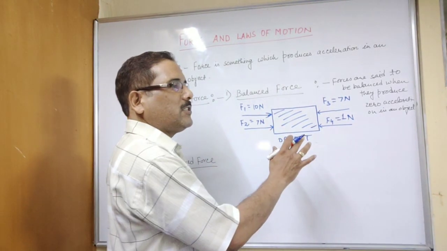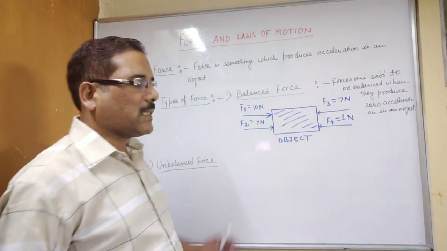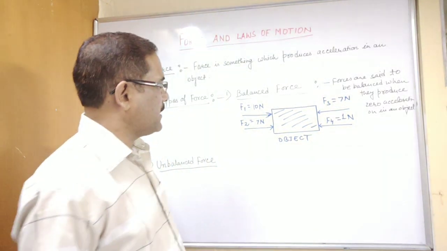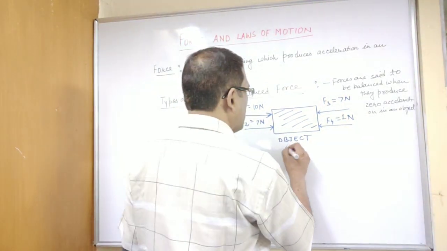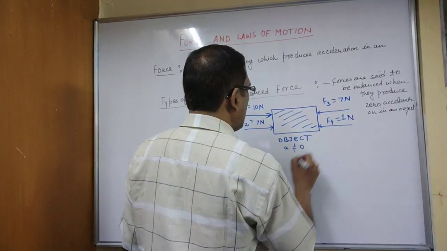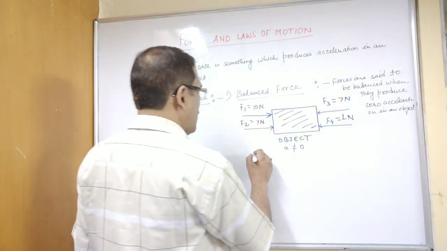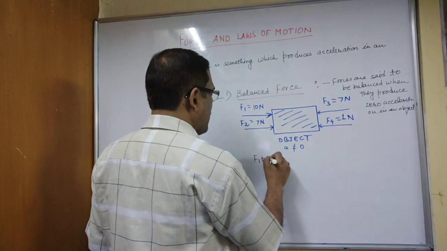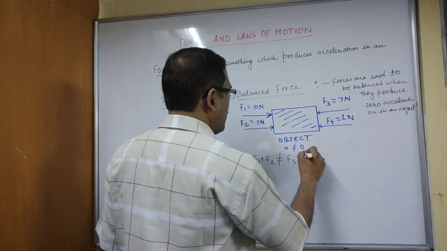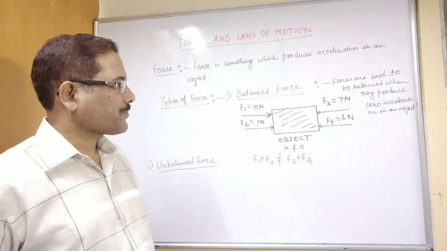The difference of these two forces is 9, so a 9 Newton force is acting towards the right. So the object will move towards the right direction. So here acceleration is not equal to 0 because F1 plus F2 is not equal to F3 plus F4, isn't it?